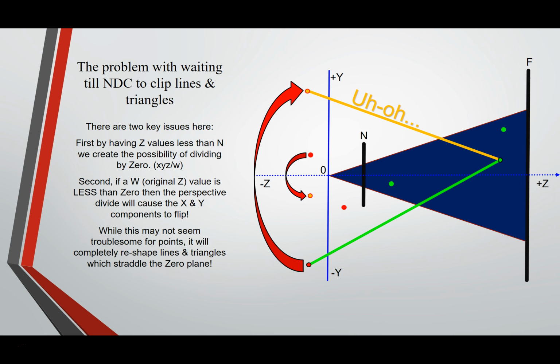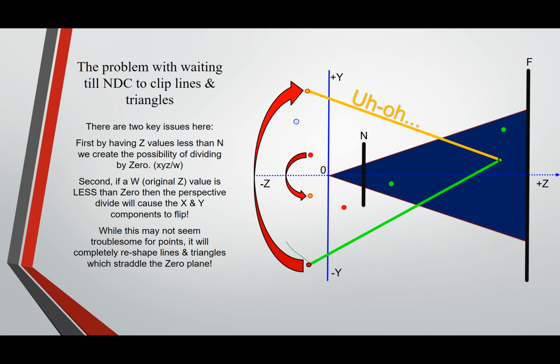When you try to do lines and triangles, when the X and Y flip on part of those lines or triangles, and this is only for triangles and lines that straddle the zero plane, so the line is partway visible and partway completely hidden behind zero.